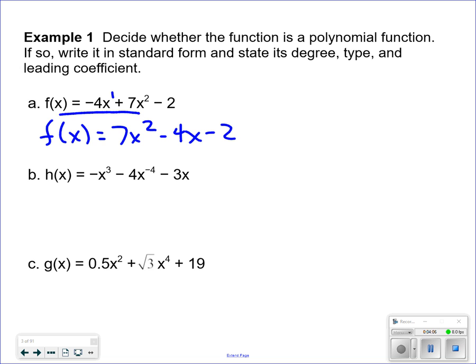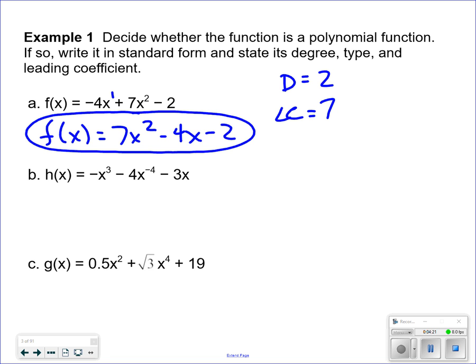Now that's standard form. The degree in this case is 2, because that is the highest exponent. The lead coefficient is 7. And because it is degree 2, this would be a quadratic function.